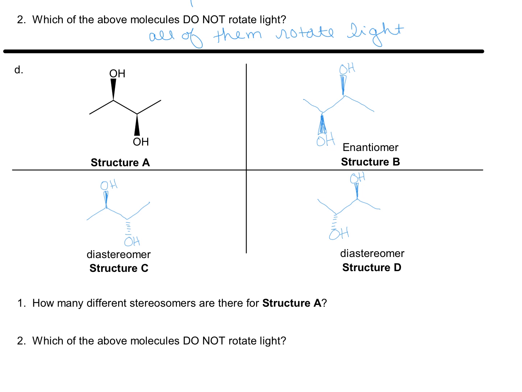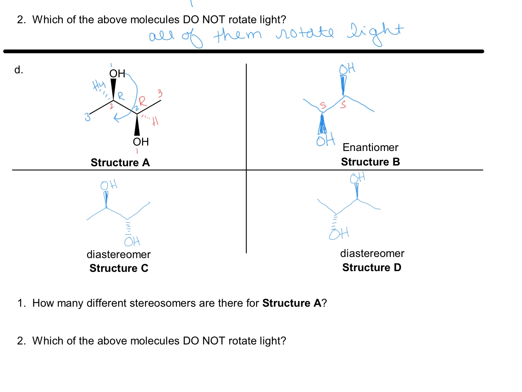So to figure out which one is meso, let's just label them R or S. So this first one goes 1, 2, 3, and hydrogen is in the back. It's 4. So this one is going to be R. And then the other side, 1, 2, 3, hydrogen is in the back. This one's also going to be R, which means that these two should be S.